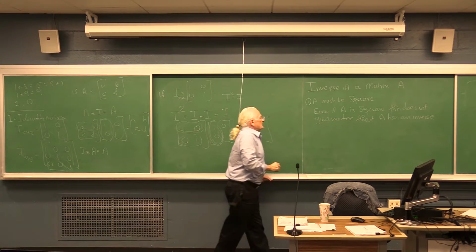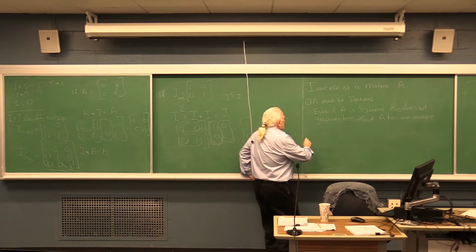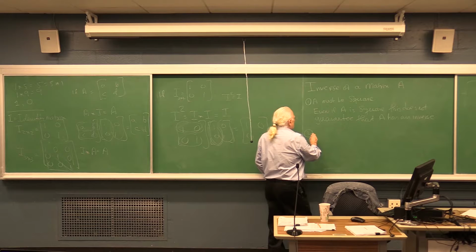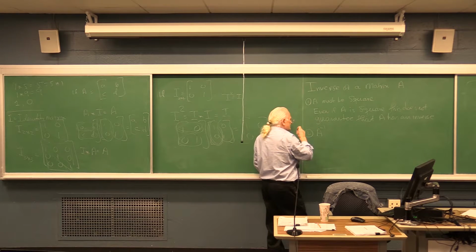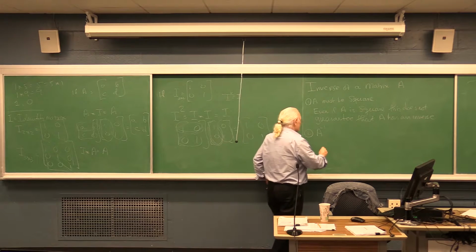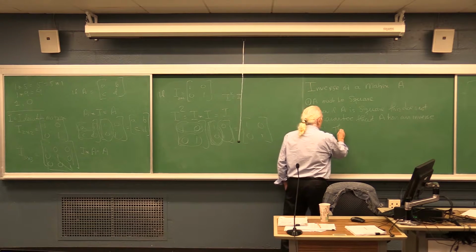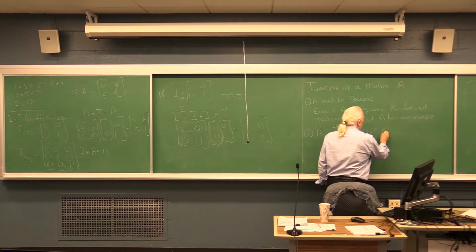But A must be square. Then let's say that this is called the inverse of A. And it looks like A to the negative 1, but this is called the inverse of A.